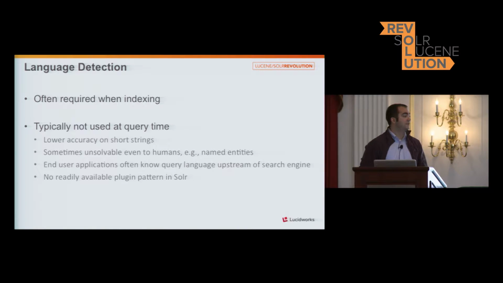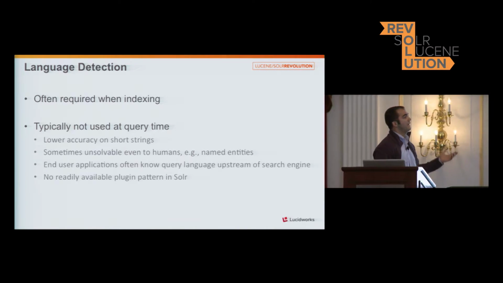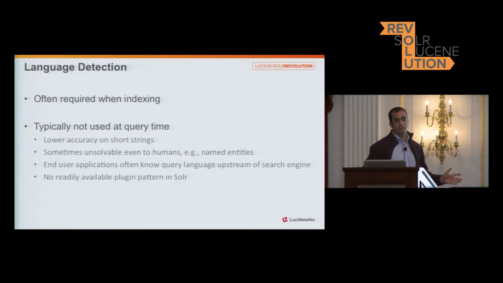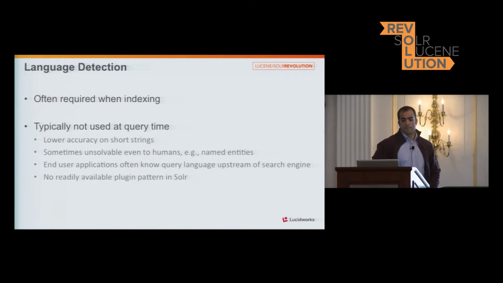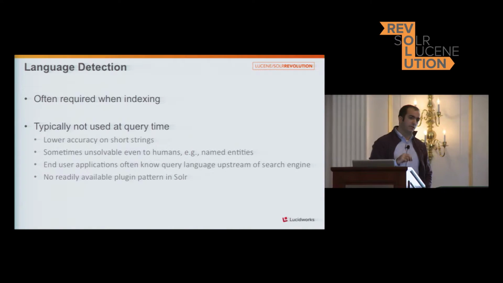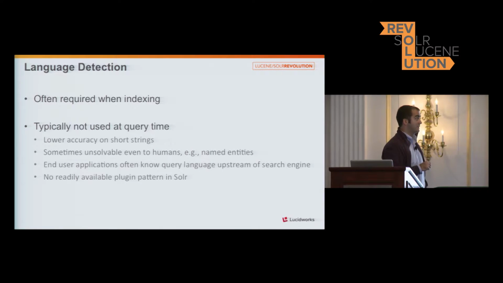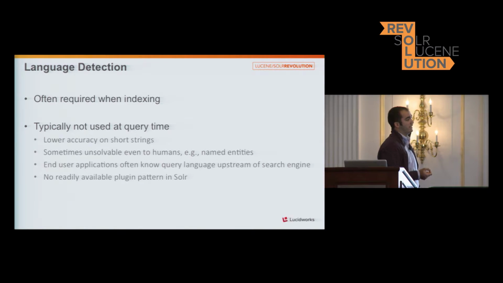Sometimes you may not. The easy case is when you just know the language of your document for whatever reason. Say your application is just organized that way. You know the language of your documents. You don't even need to deal in language detection. The other difference is that typically this is only used at index time. It's generally not used at query time.